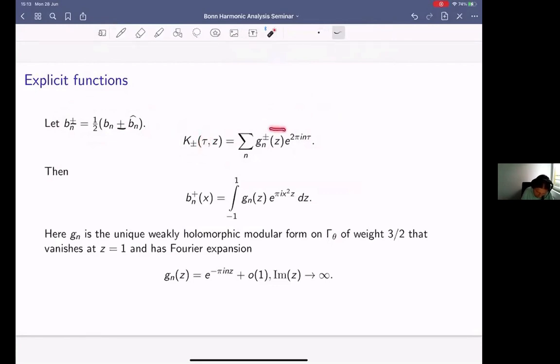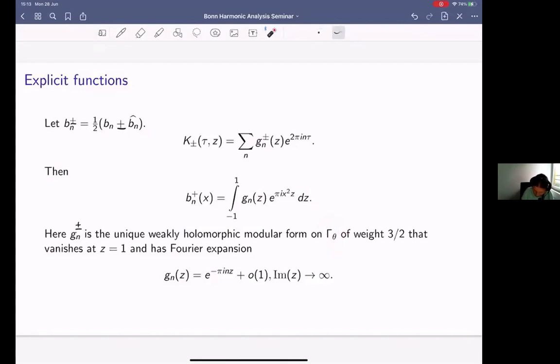And so here we will get the Fourier coefficients, which are functions of the variable z. And these functions of the variable z will be weakly holomorphic modular forms for the group gamma theta.